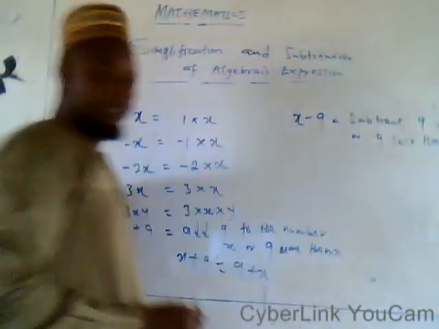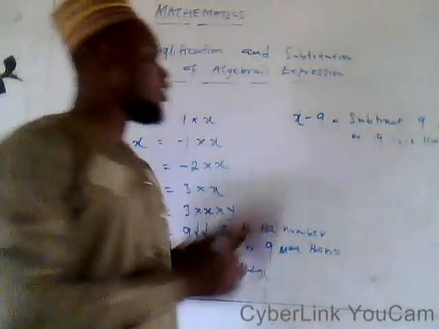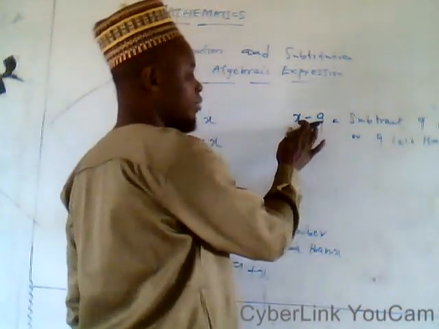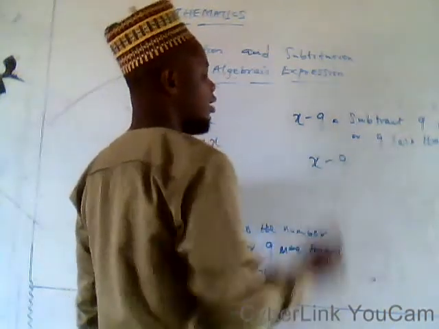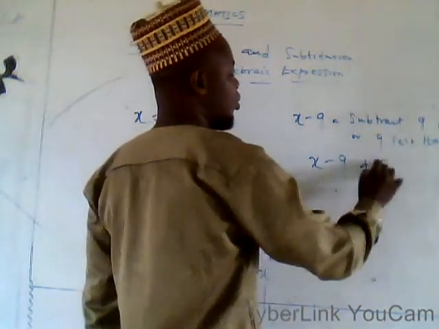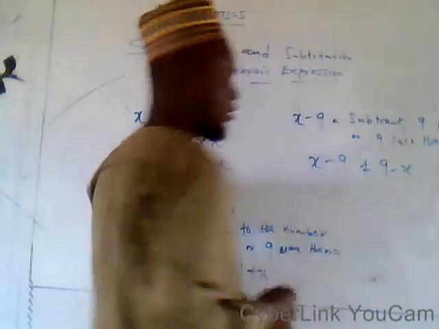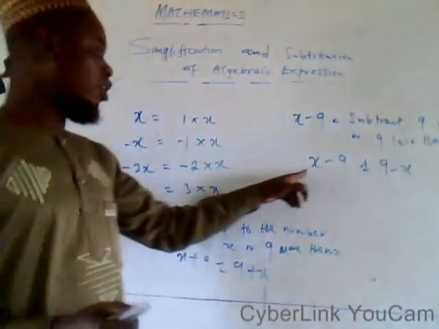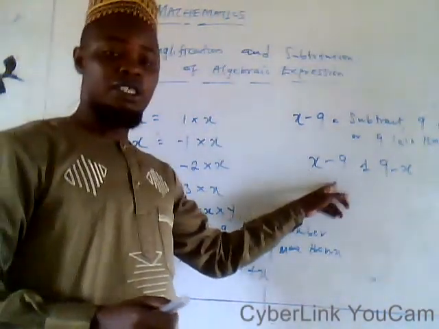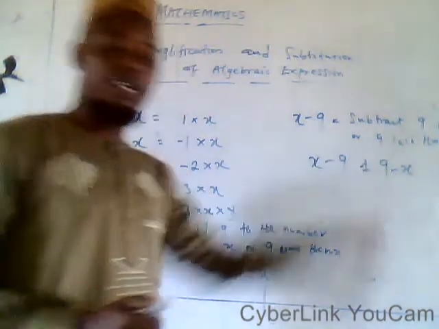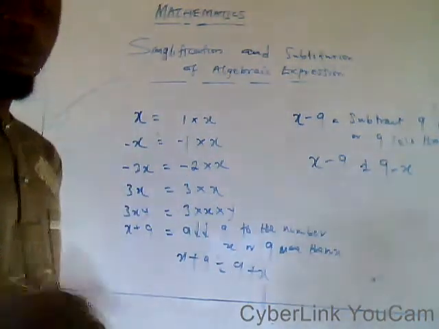This is what it means. But look at the sign. The sign is minus. So here you cannot say x minus 9 is equal to 9 minus x. They are not the same thing. The value of your x minus 9 is not equal to 9 minus x. You need to note this.